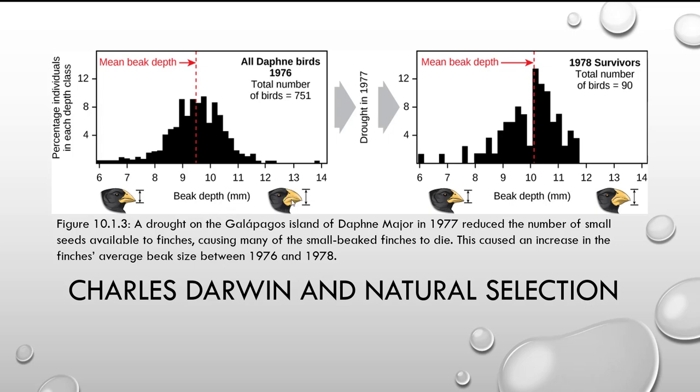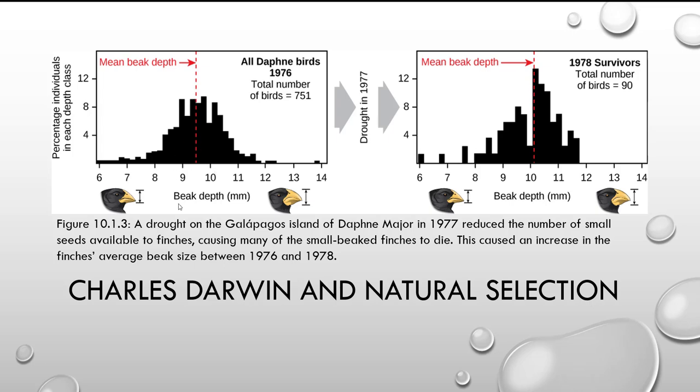They just measured the beak depth, and they calculated them all within the population, a total of 751 different birds of the same species, so it's the same population. And then you can see how they graphed it. Okay, so you can see that the median beak depth is right around 9.5 millimeters.